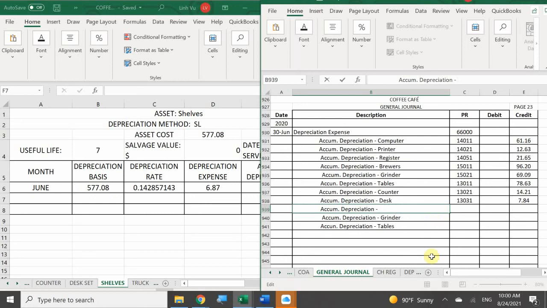So next we have the display shelves, which is 13,041.